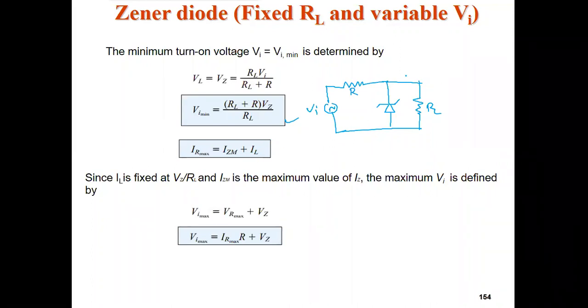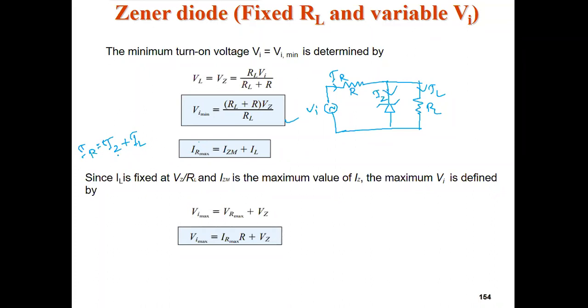Why? Because the maximum current across this is, let us say this is IZ and this one is your IL, and this one is current IR. So basically your IR equation is IR equal to IZ plus IL.